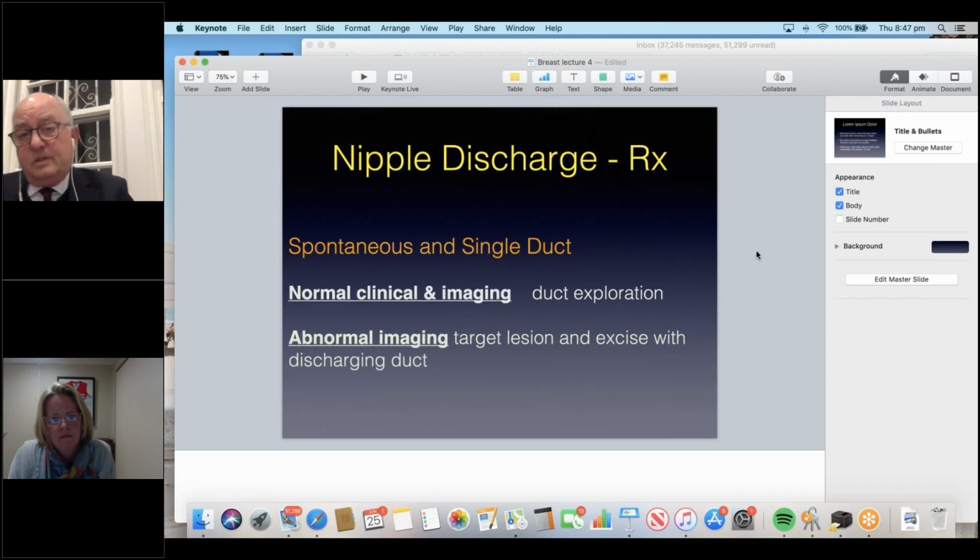I guess the other people that you've got to be careful of are those who develop, after breast implants, particularly long-term, atypical carcinomas in the capsule around the implants.